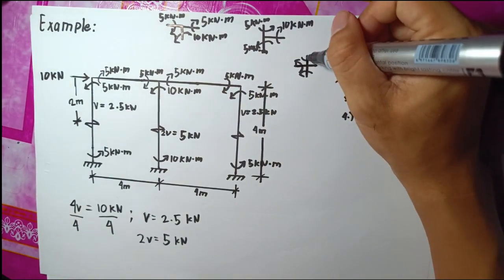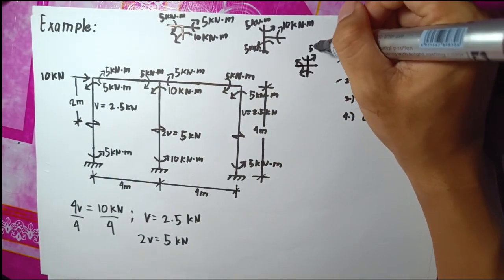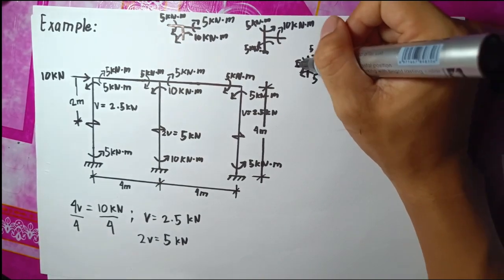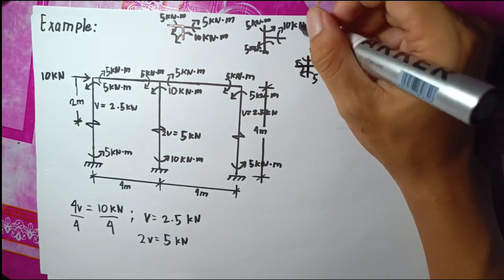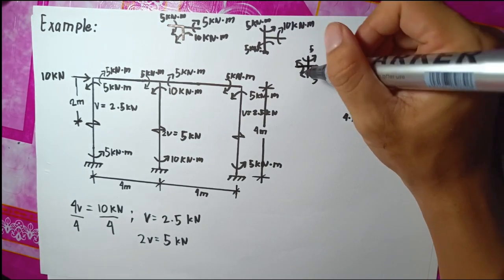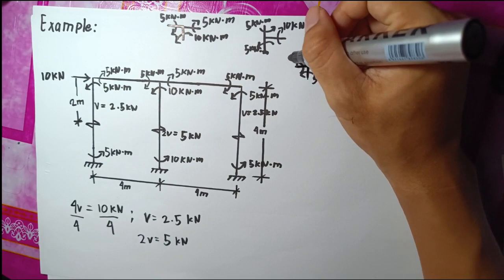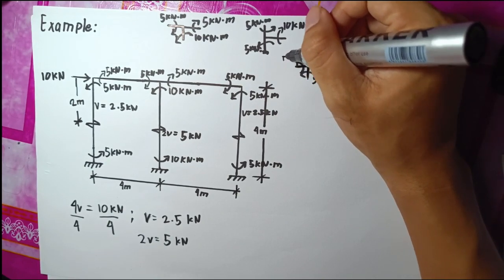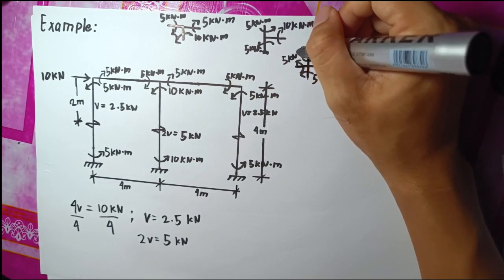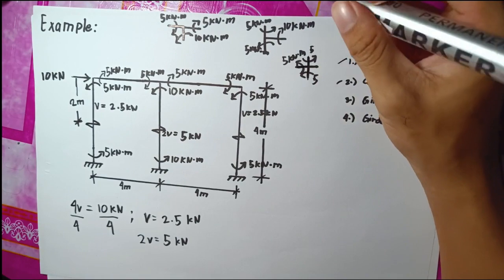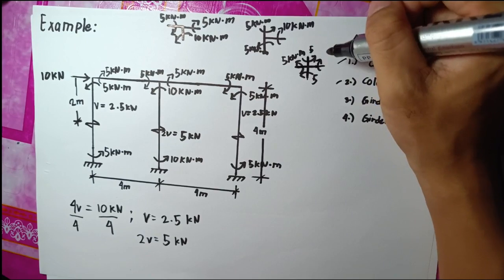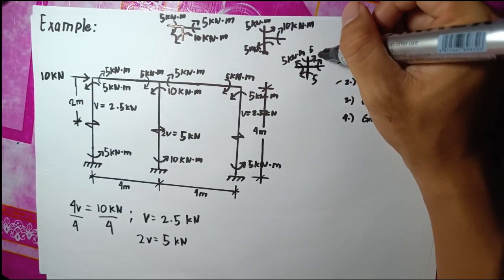You will add the value in the vertical, then you will subtract the total of this value from the horizontal moment in order to get the answer.